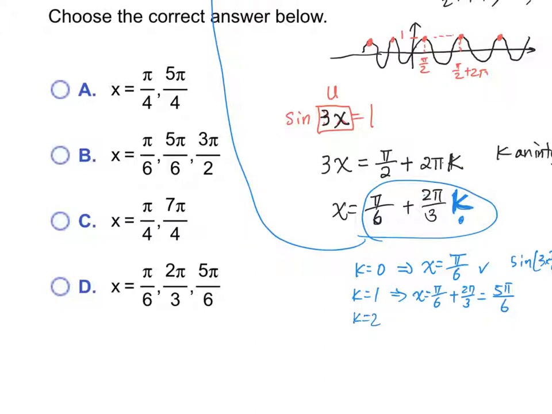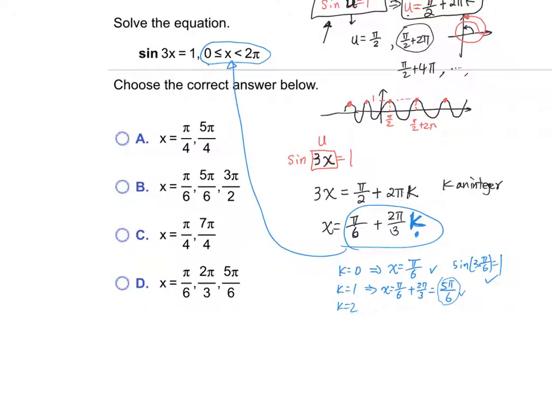By the way, this is still within 0 to 2 pi, and you can use your calculator to check sine of 3 times 5 pi over 6. Is that 1? You should check it.